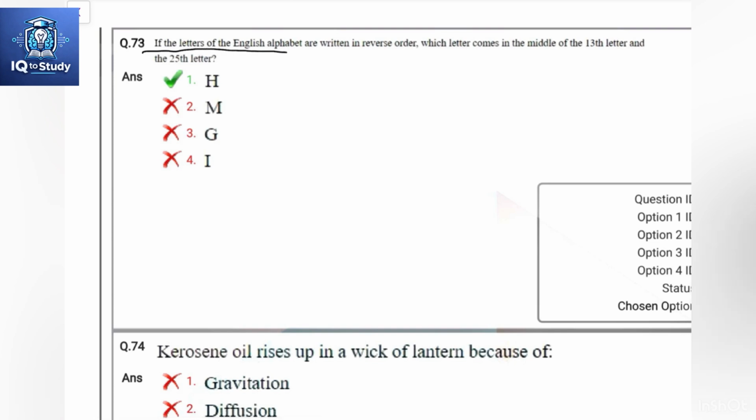If the letters of the English alphabet are written in reverse order, which letter comes in the middle of 13th letter and 25th letter?